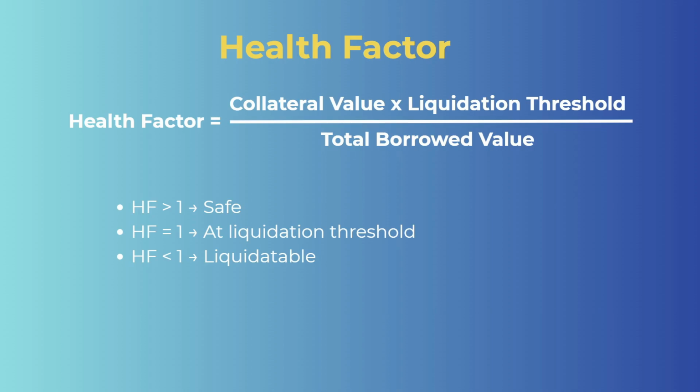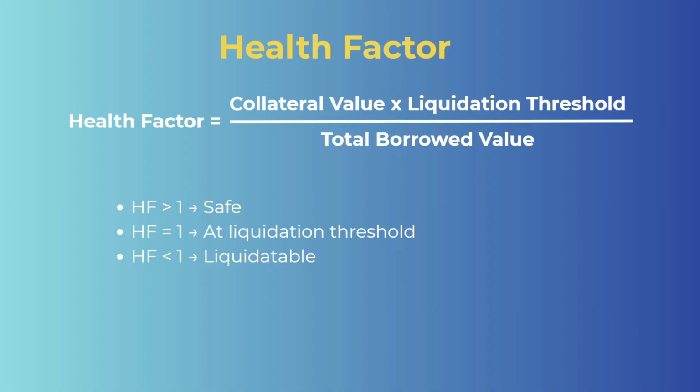This concept is related to the health factor. The health factor is this formula here: the collateral value times the liquidation threshold divided by the total borrowed value. So it is very related to this liquidation threshold. This is a number that we will see later on in Aave, when we will be using Aave.